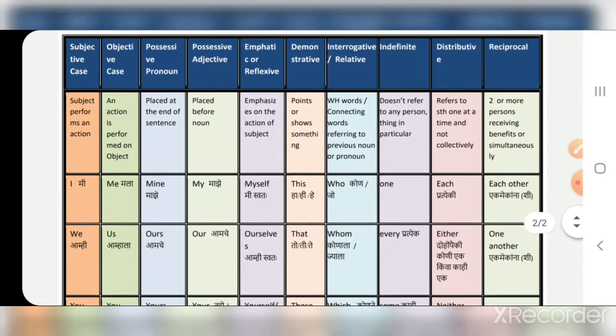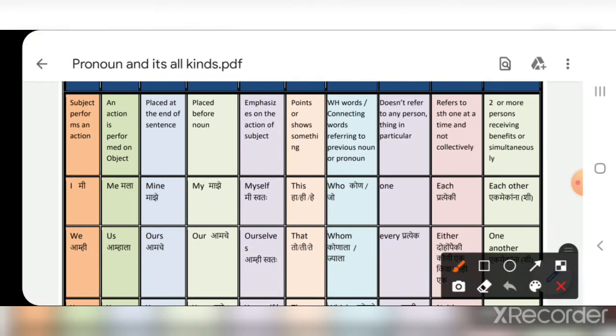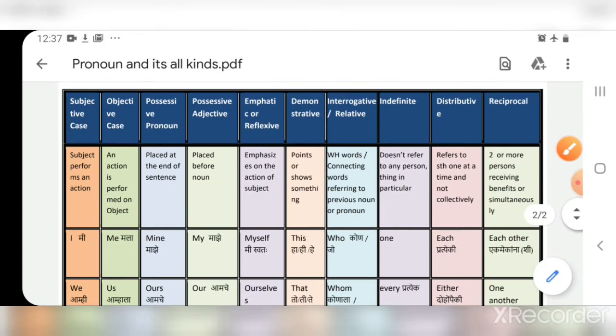Now the next one is objective case. Please look at the second column. These pronouns we use in the object part. Objects are nothing but the things on whom or on which an action happens.